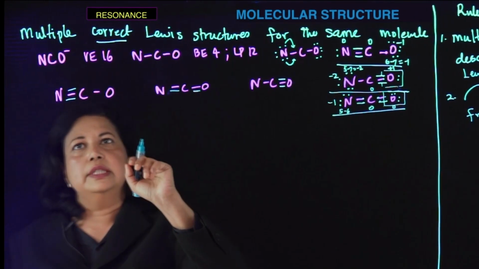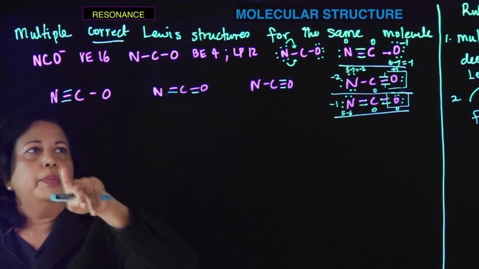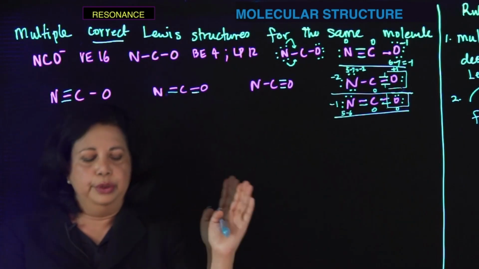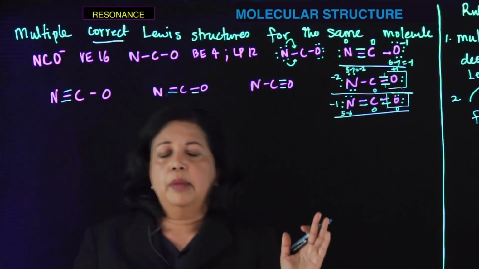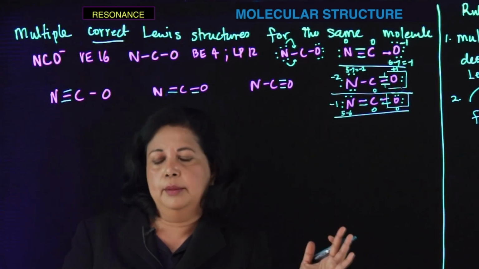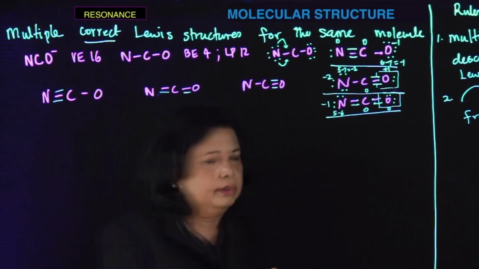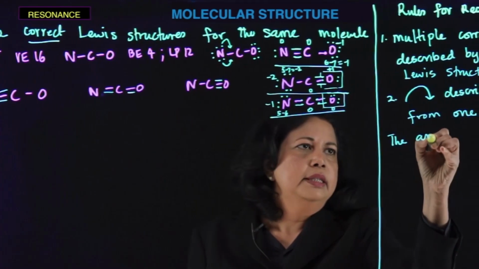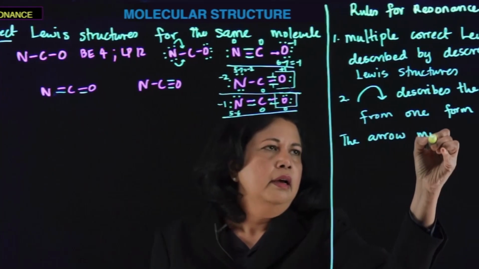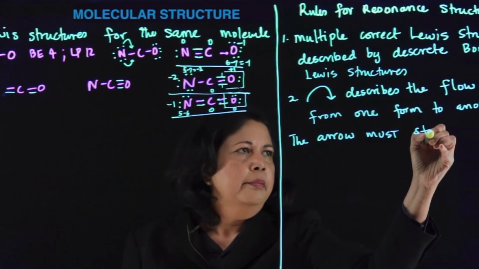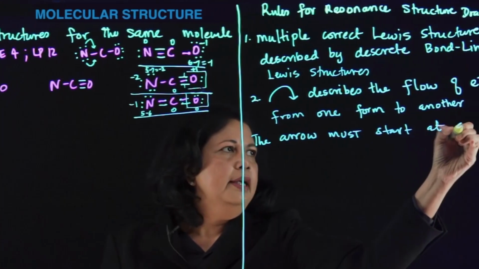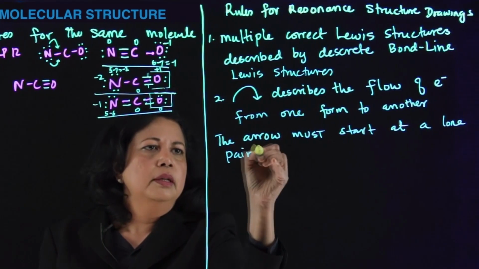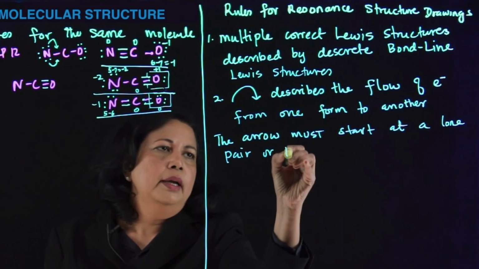That means you start at a lone pair of an anion or a lone pair of a neutral atom, and if that's not possible, then from a pi bond. So the arrow must start at a lone pair if possible, or a pi bond.